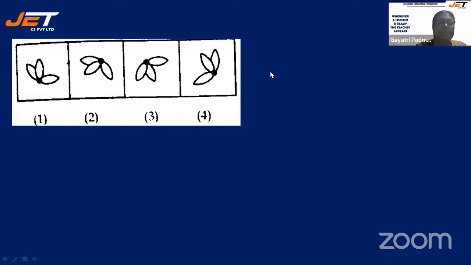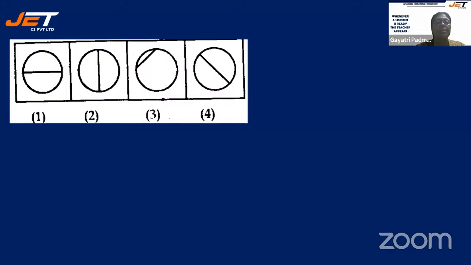Yes, so your 30 seconds is done. Let's see the answer. It is option 1, because except the first figure, all are moving 2 places and 1 place in the anti-clockwise direction. All right. So I'm sure you would have understood this and you would have chosen option 1 as the correct one. Let's move on to the next question.